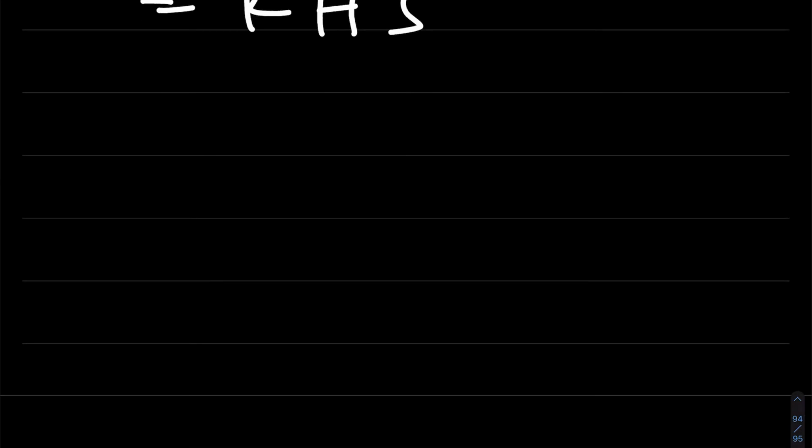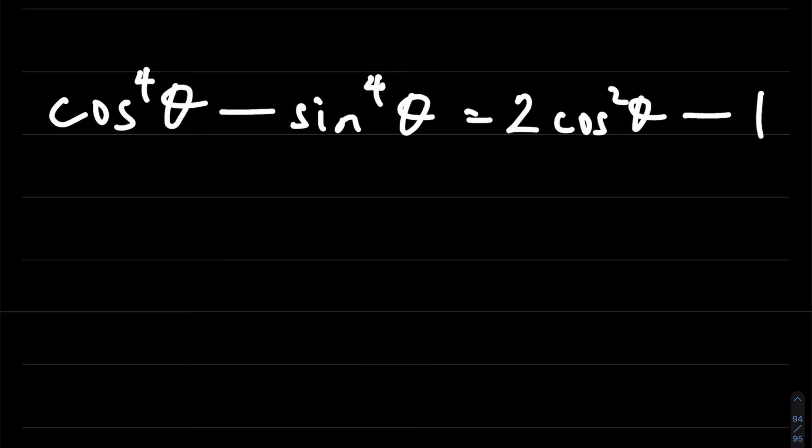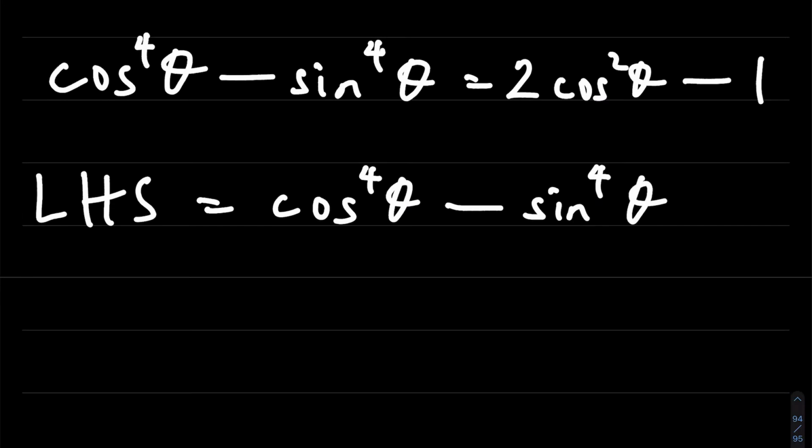The next one is: show that cos to the fourth power of theta minus sine to the fourth power of theta equals 2 cos squared theta minus 1. As usual, the left hand side is cos to the fourth power of theta minus sine to the fourth power of theta.